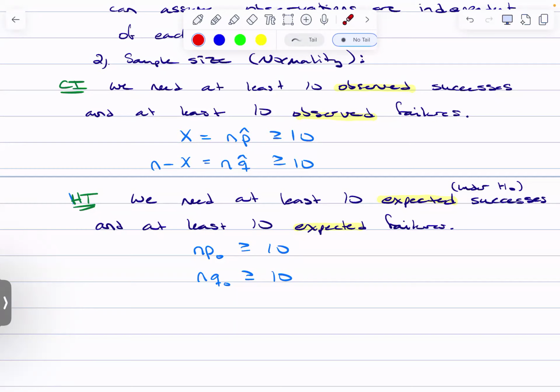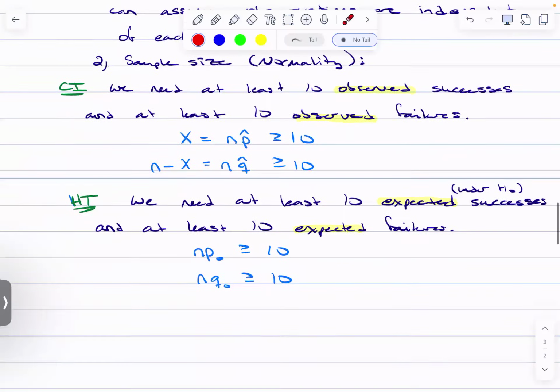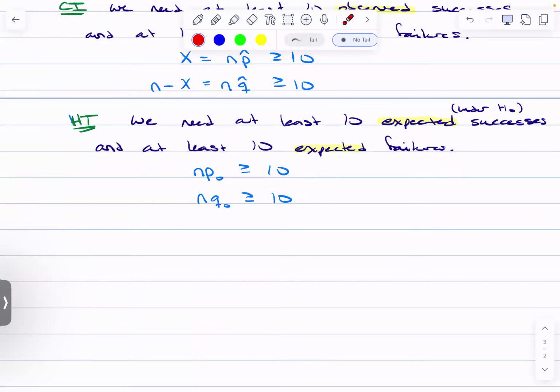But these are the conditions. You have to check independence and the sample size condition. But on the quiz and on the final exam, I'll say, you may assume the conditions for inference are satisfied, and then you can bypass all that. But now you know you have to do it. And it's tedious, but pretty fun once you get the hang of it.